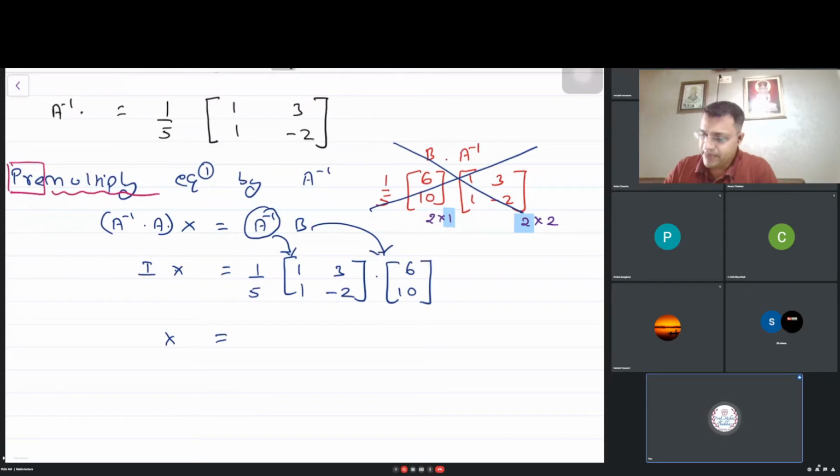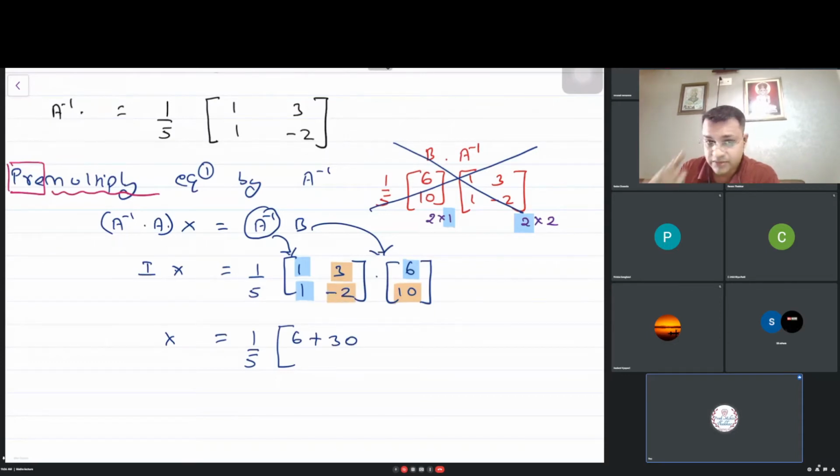So let's multiply. I will just leave this 1 by 5 for now and focus on the matrices. As we always do, 1 multiplied by 6 and 3 multiplied by 10, and then the usual addition of the numbers. So I will get 6 plus 30 for the first row. Again the same procedure, 1 multiplied by 6, but minus 2 will be multiplied with 10 this time. So what is it? It is 6 minus 20.